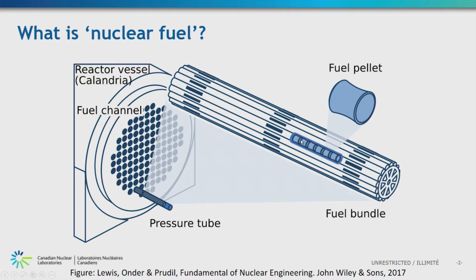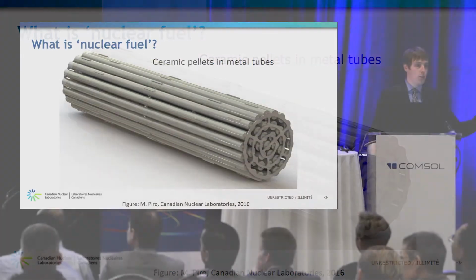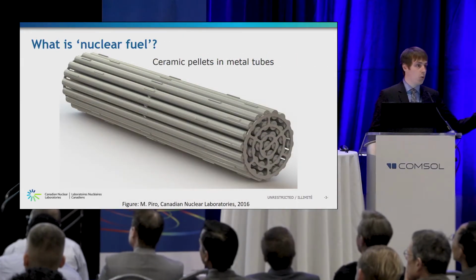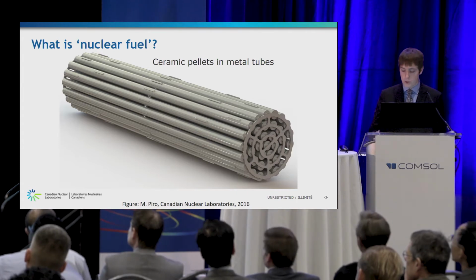Essentially, there are solid ceramic fuel pellets inside a metal tube, hermetically sealed, placed inside a nuclear reactor, cooled by high pressure water to some degree. For the layman, the ceramic gets hot, transfers heat to the metal, transfers heat to the coolant, that's used to boil water, and hot water is used to produce power.